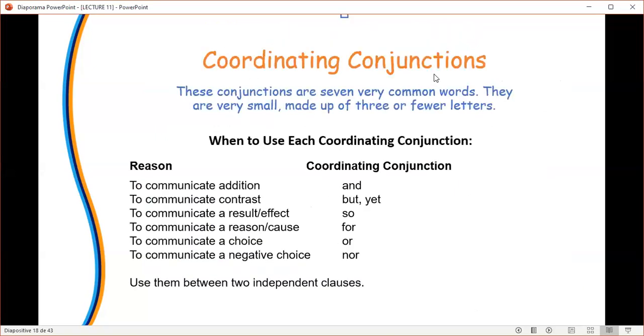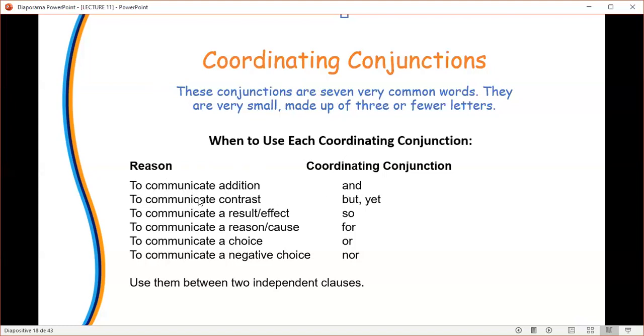So, coordinating conjunctions. Here vous avez les conjonctions de coordination. These conjunctions are 7 very common words. They are very small, made up of 3 or fewer letters. Okay, so when to use each coordinating conjunction? To communicate addition, we use and.